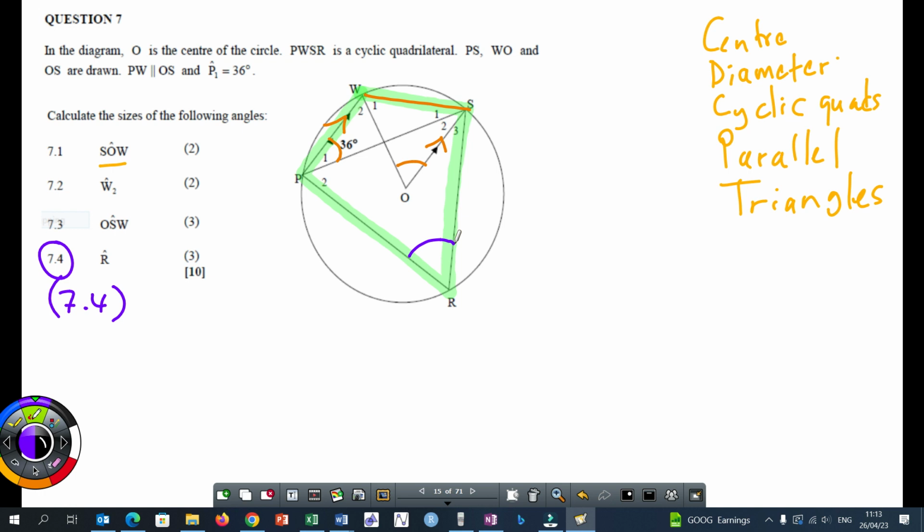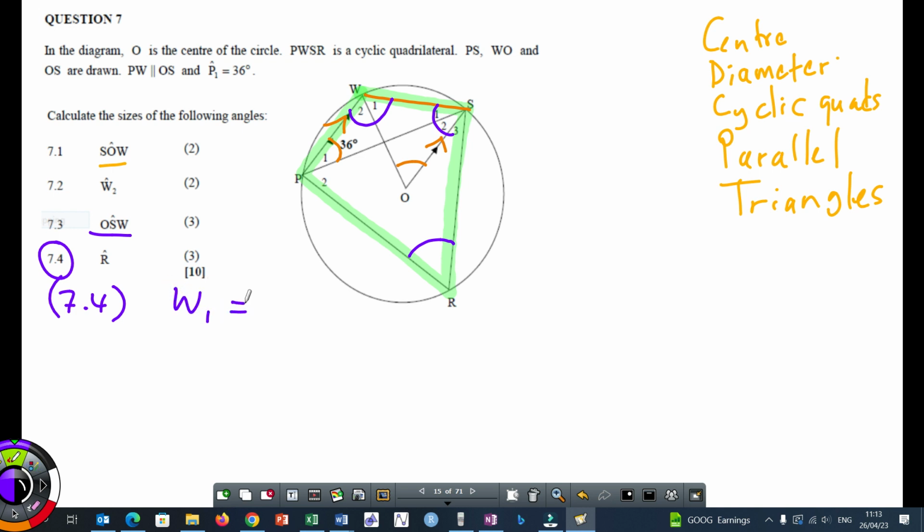Unfortunately, we don't know the size of this whole angle, but we know the size of W2, obviously. So we know that W1 is equal to that angle. We have found it from here, right? They are equal.